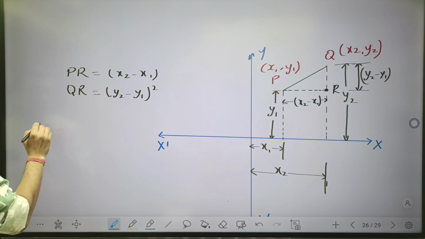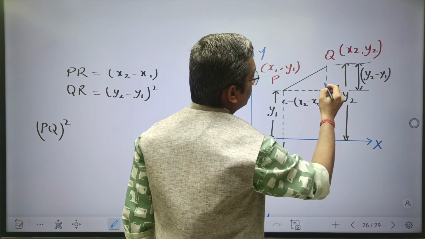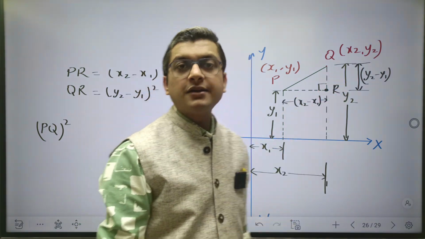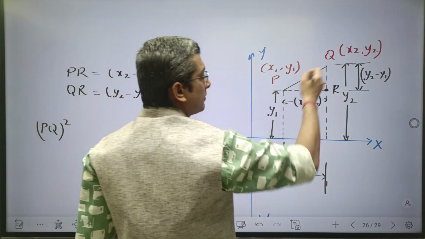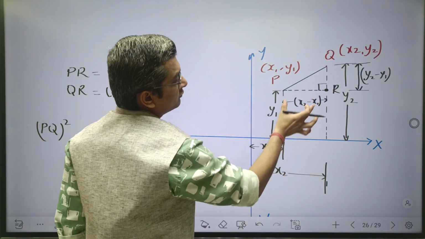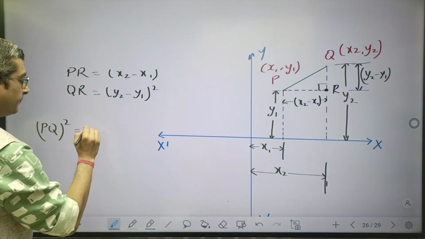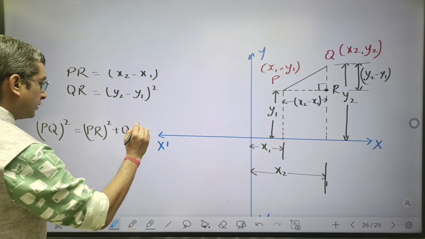And for the distance PQ, if you observe carefully in triangle PQR, this angle is 90 degrees. So PQR is forming a right angled triangle, so we can use the Pythagoras theorem here. PQ will become the hypotenuse, and PQ square is given by PR square plus QR square.